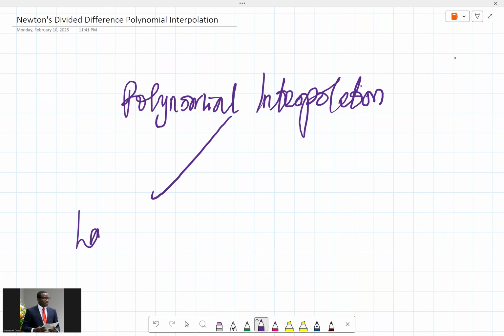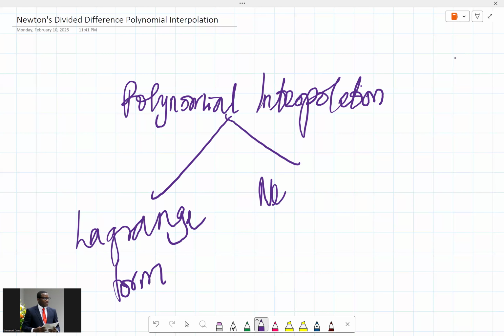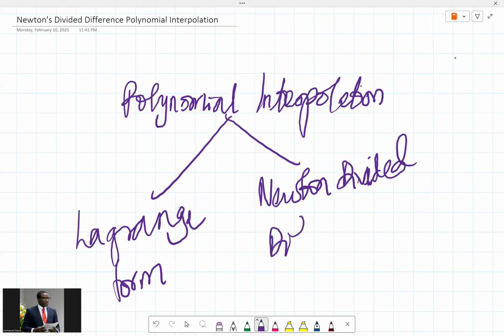We have the Lagrange form, and we have the Newton form, which is also known as the Newton divided differences form.